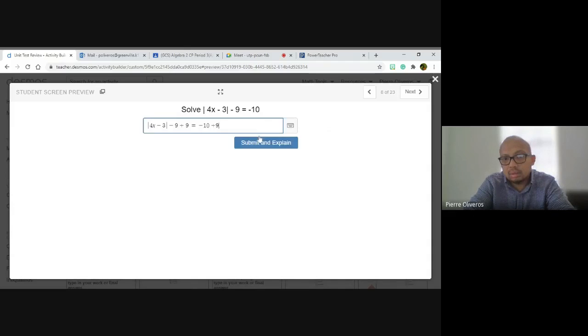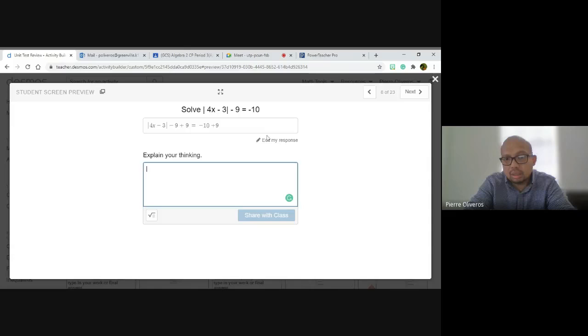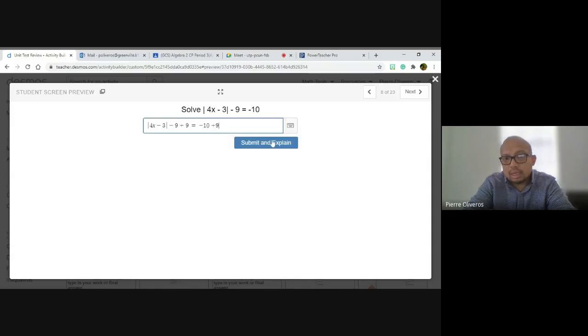You can edit that one. You know this will be 0 here. This will be 0, right? What's -10 plus 9? Negative 10 plus 9 is equal to -1.